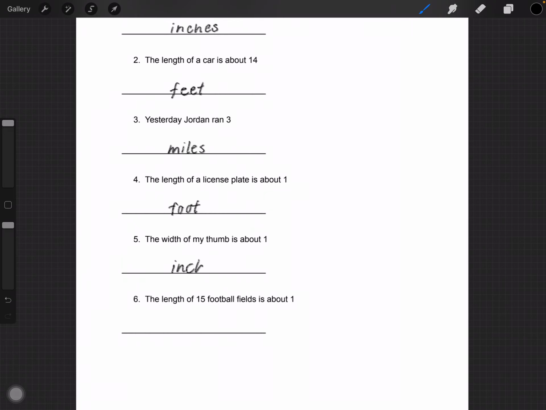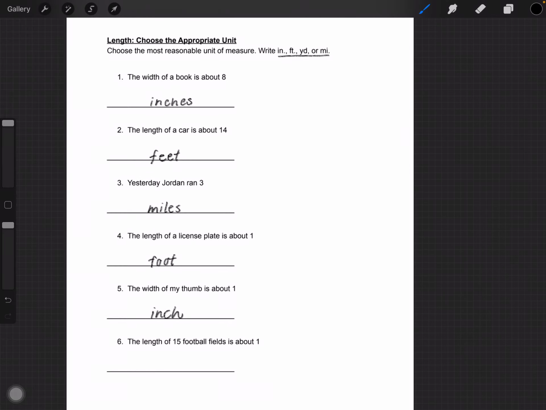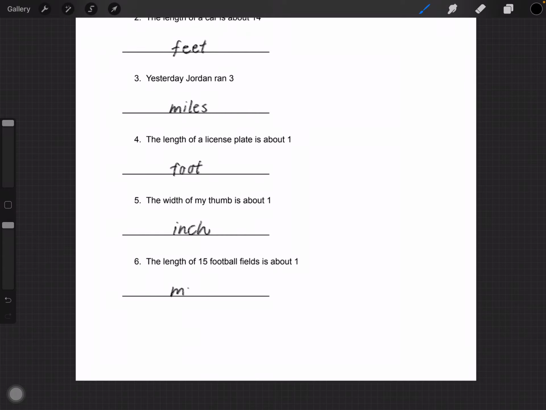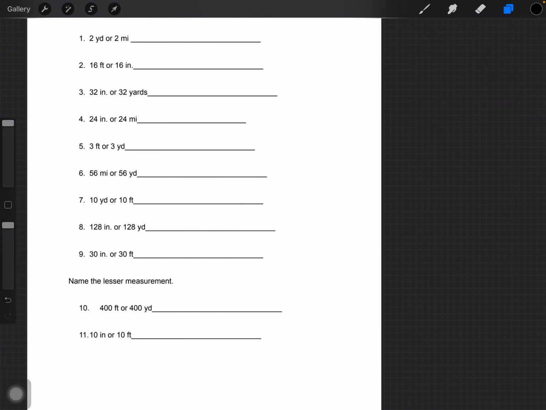We know that it's the smallest unit. And last one, the length of 15 football fields is about 1. Football fields are really big, so all of those combined is really big. So I think miles is appropriate. Or actually it says 1, so the last one is just singular.